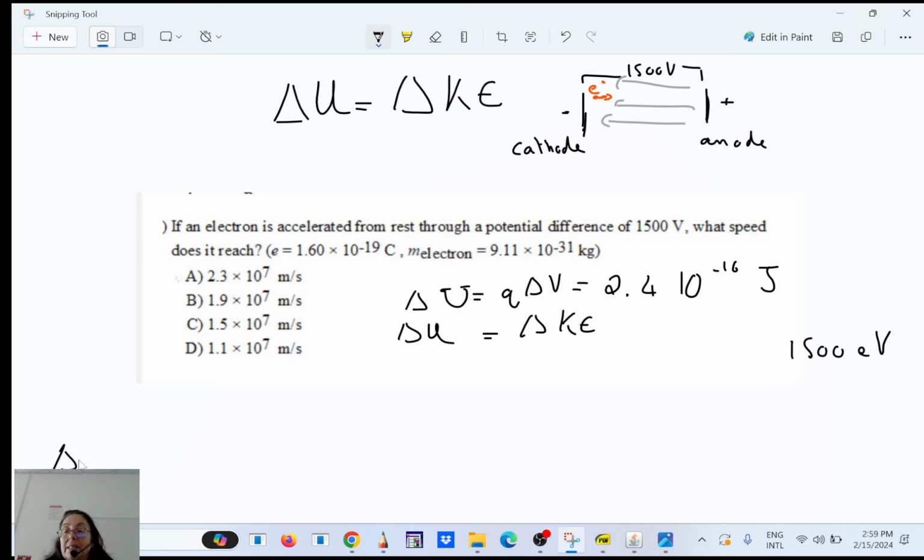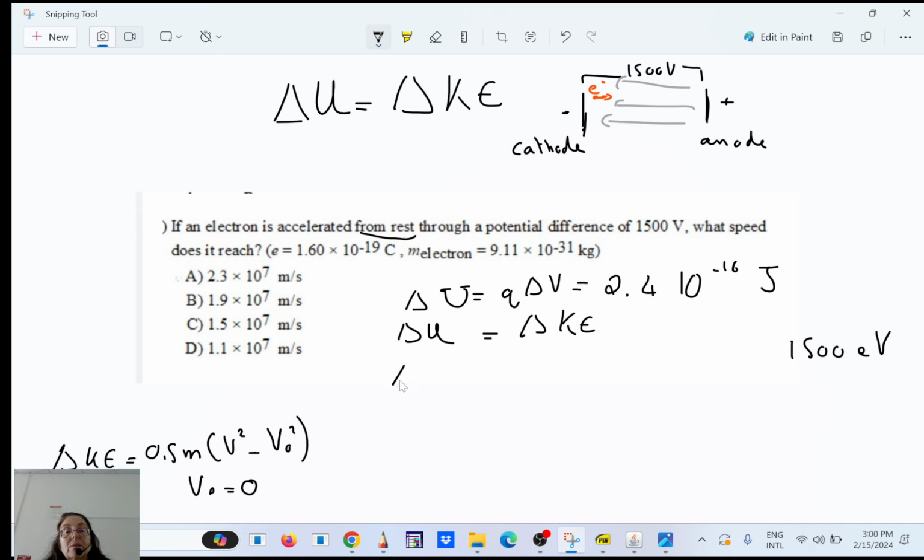And the change in kinetic energy equals 0.5 the mass times v final squared minus v initial squared. And it starts from rest. So that means initial velocity equals 0.